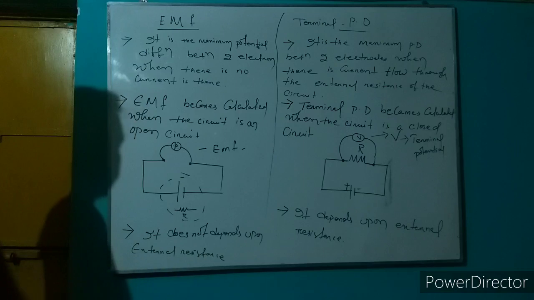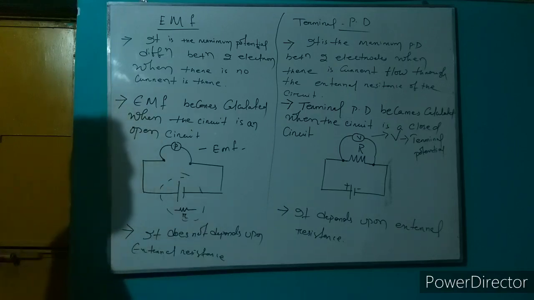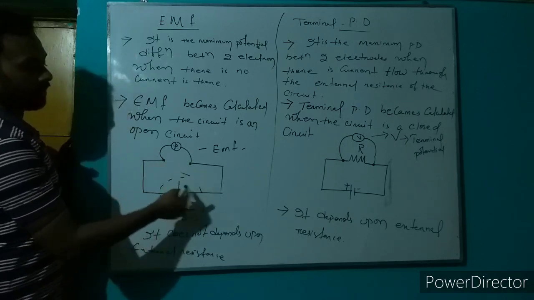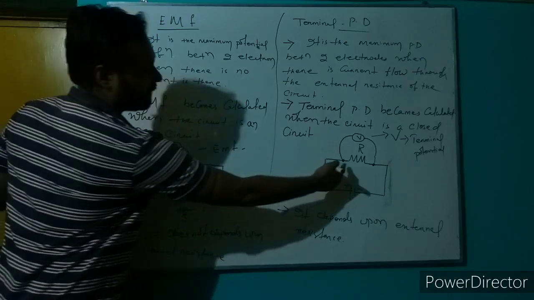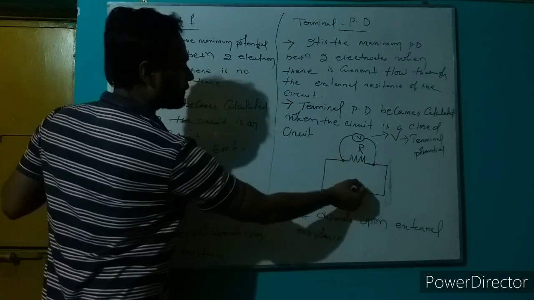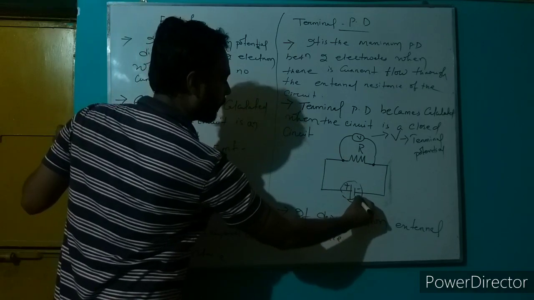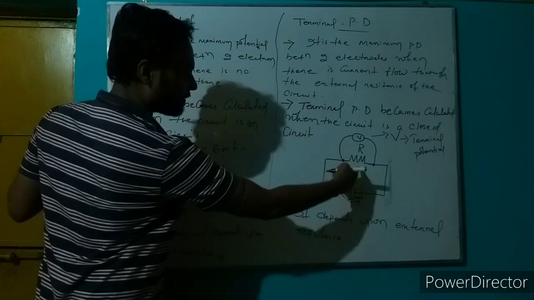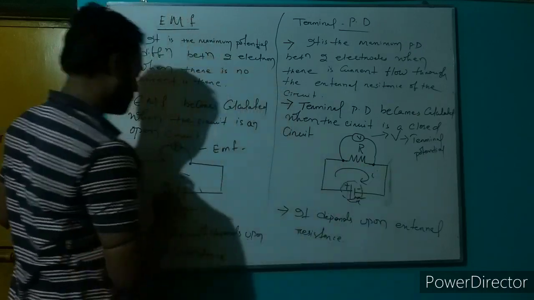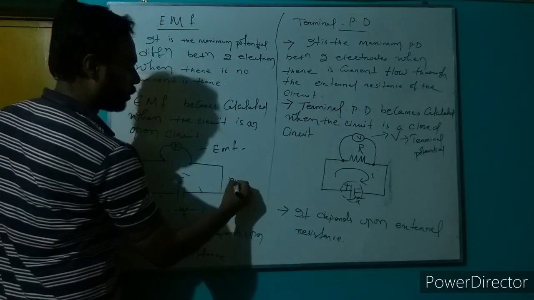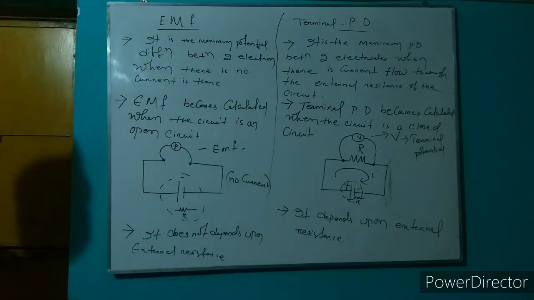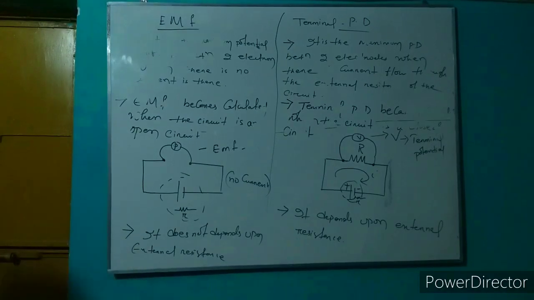So it does not depend on external resistance. Here the circuit is an open circuit because there is no connection, so it is not a complete circuit. Here is the resistor connected to the two ends of the wire of the cell. That's why it is a closed circuit, and that's why there is a current I which moves inside it. There is no current here. Please note it. Then I will erase.